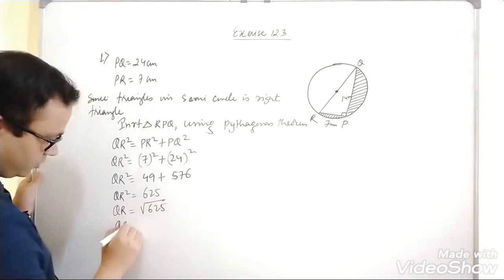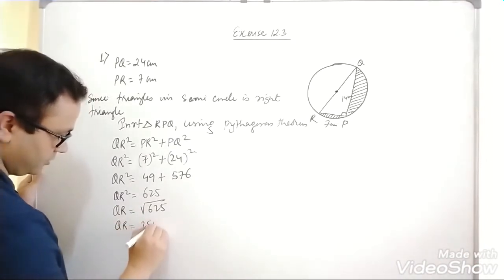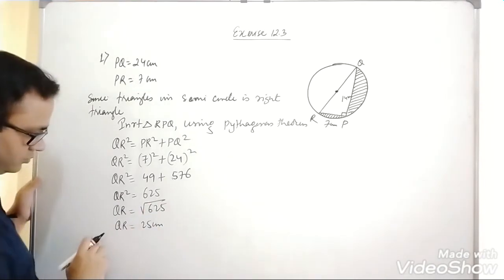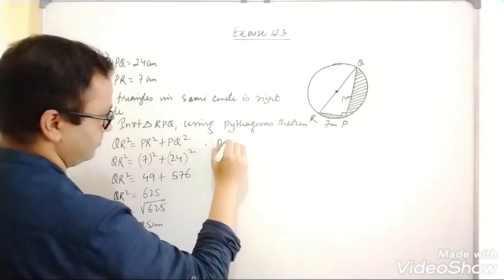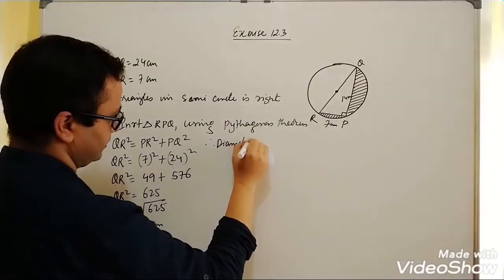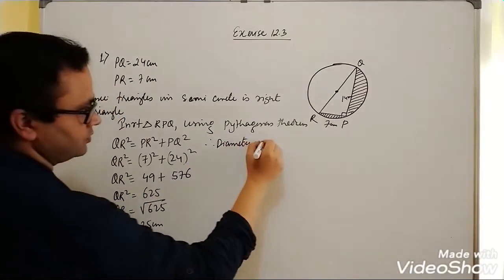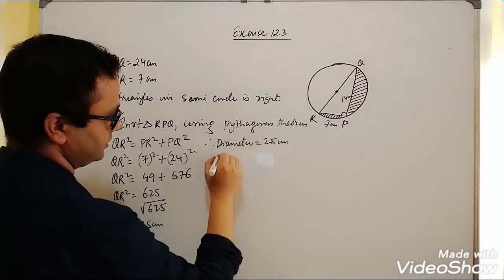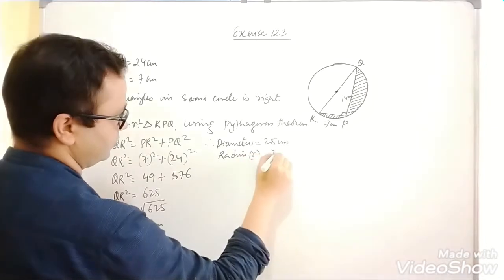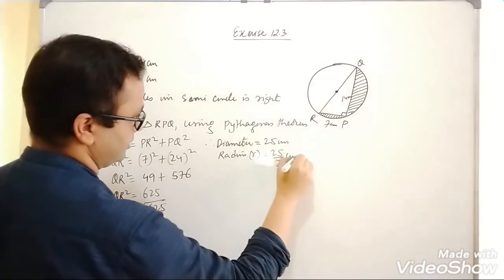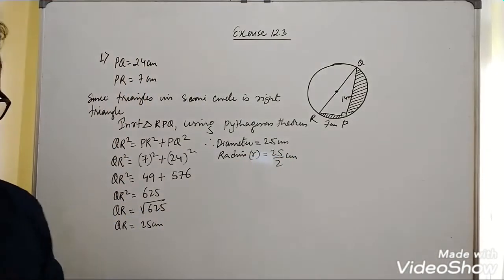So what is the square root of 625? It is 25 centimeter. So you will get the diameter. Therefore diameter equals 25 centimeter and radius is half of diameter, that is 25 divided by 2 centimeter.